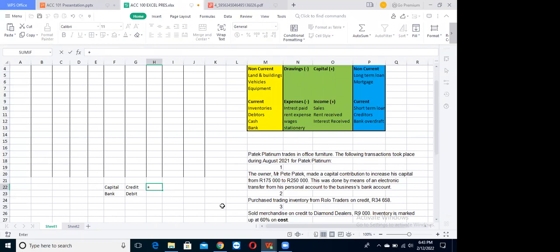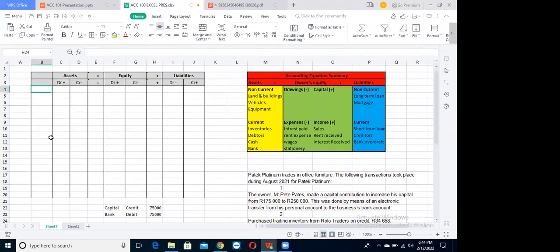We just find the difference between the 250,000 and the 175,000. That is the amount. So once we identify this, we go to present our answer.